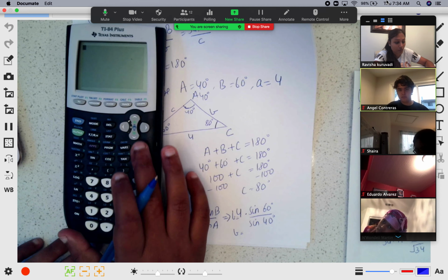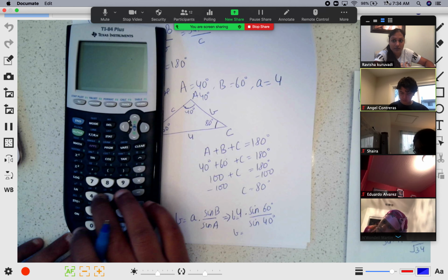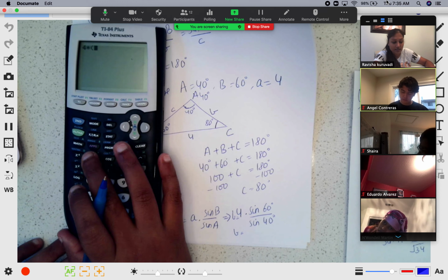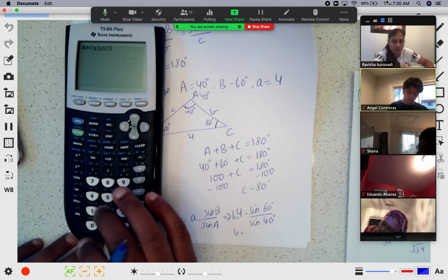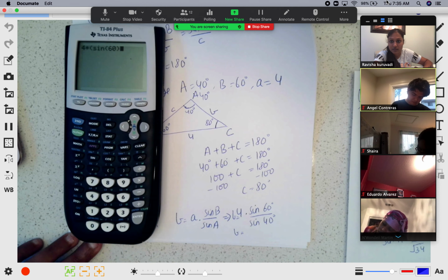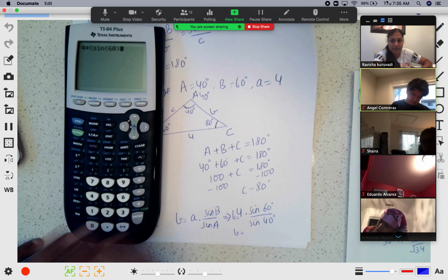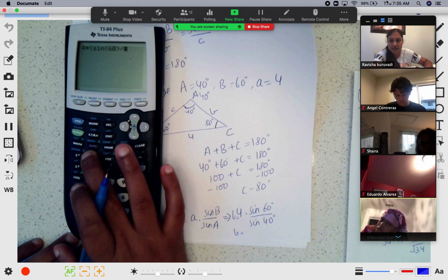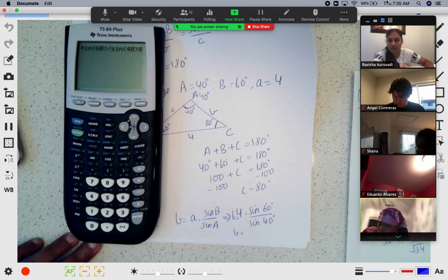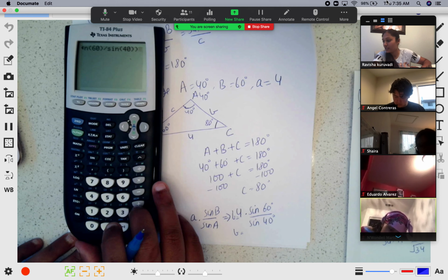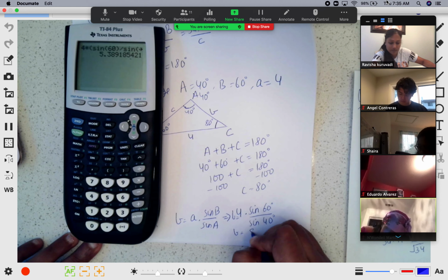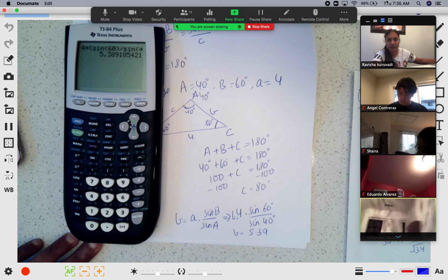So it should be 4 times, open the bracket, just press sine, you don't have to press second, sine 60, close the bracket, divided by, again press sine 40, close the bracket and close the bracket again and press enter. You will get your answer as 5.39. So you got your B as 5.39.